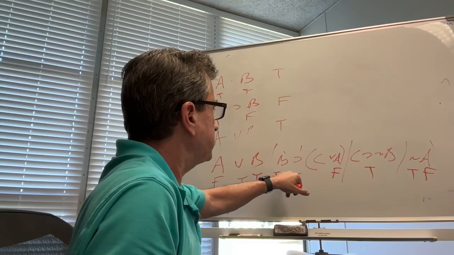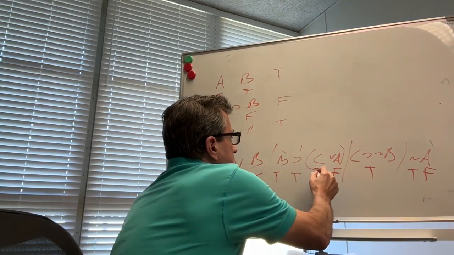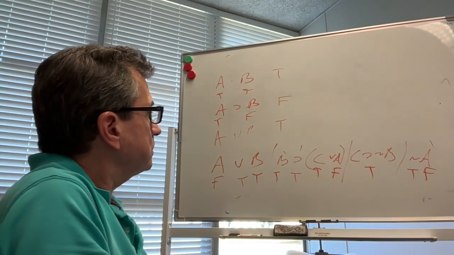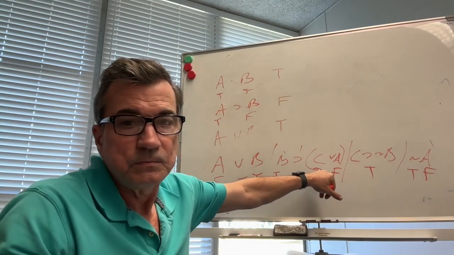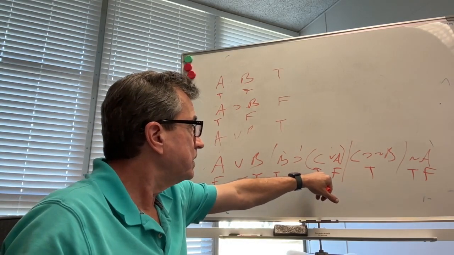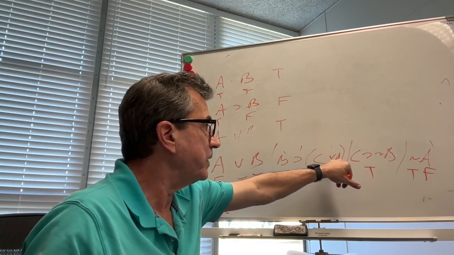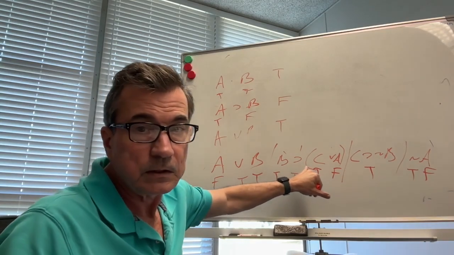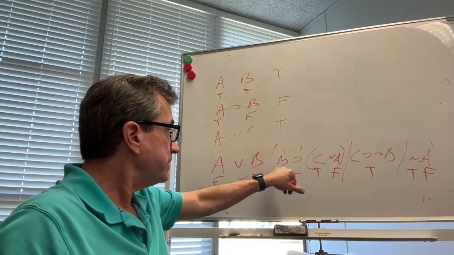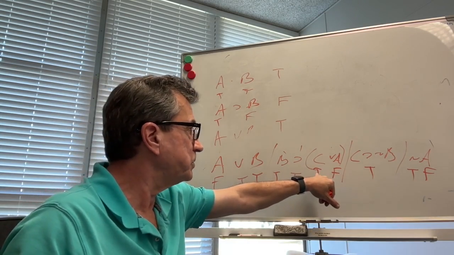To make this true, this has to be true. Because if this were false, then that whole thing would be false. C or A would be false if both C and A were false, which would make this implication true implies false, false. So C has to be true.